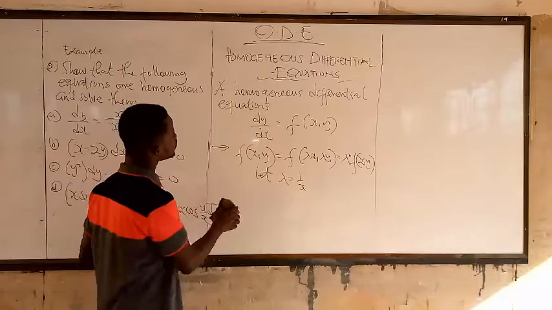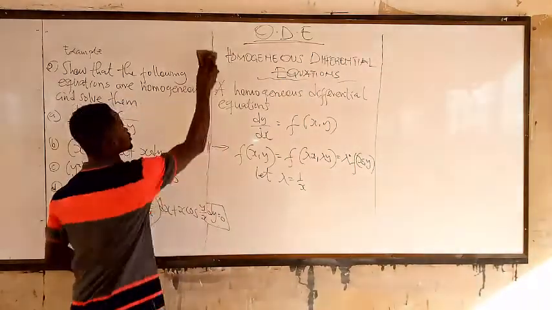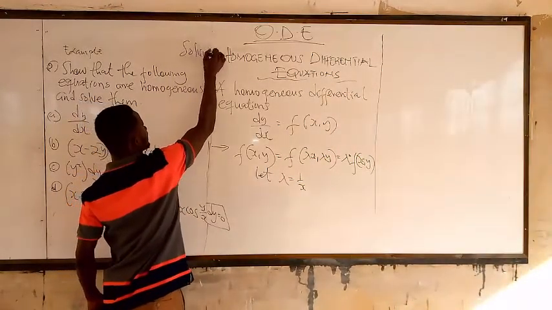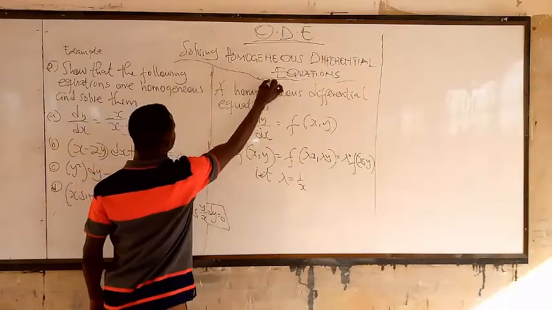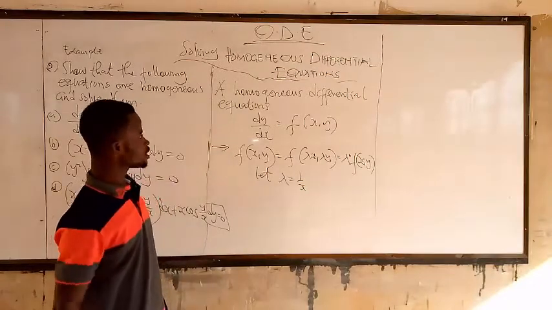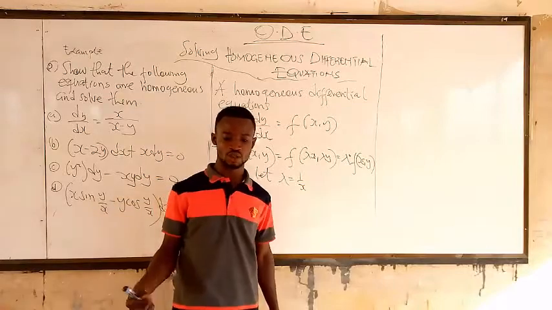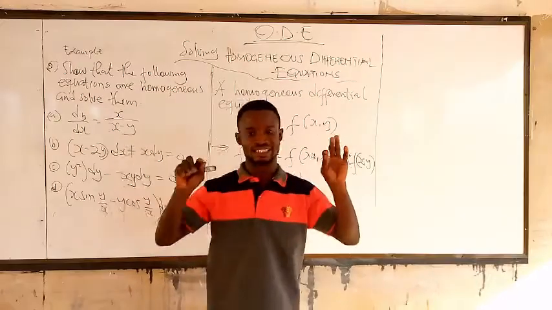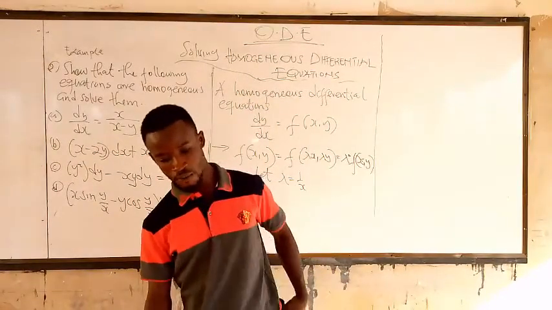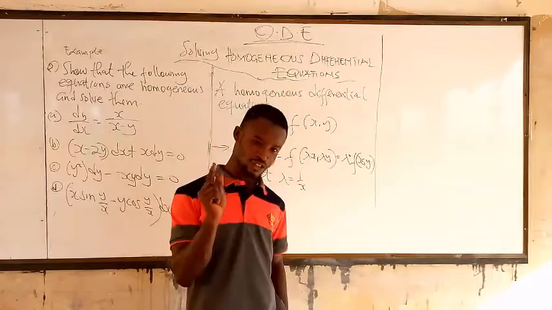Solving homogeneous differential equations. A homogeneous differential equation can be transformed into an equation with separable variables in u and x, from which its solution is obtained by integration.